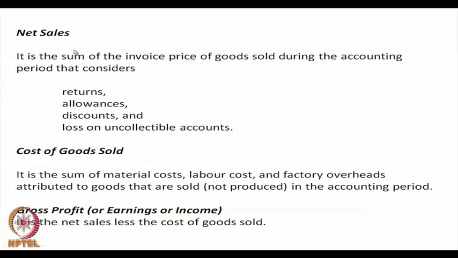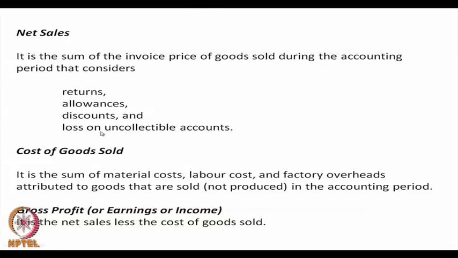Next, the various items that appear in the income statement, we have now given definitions of each. Gross sales is the sum of the invoice price of goods sold during the accounting period.